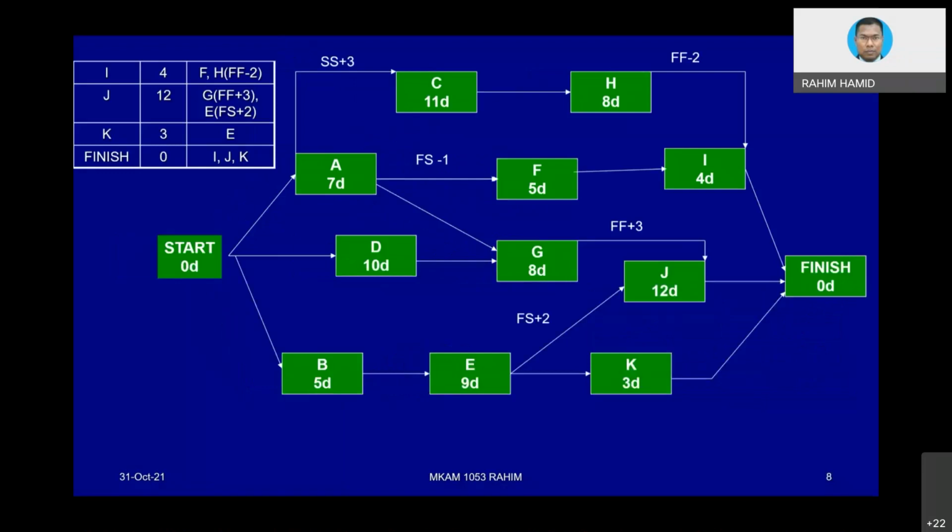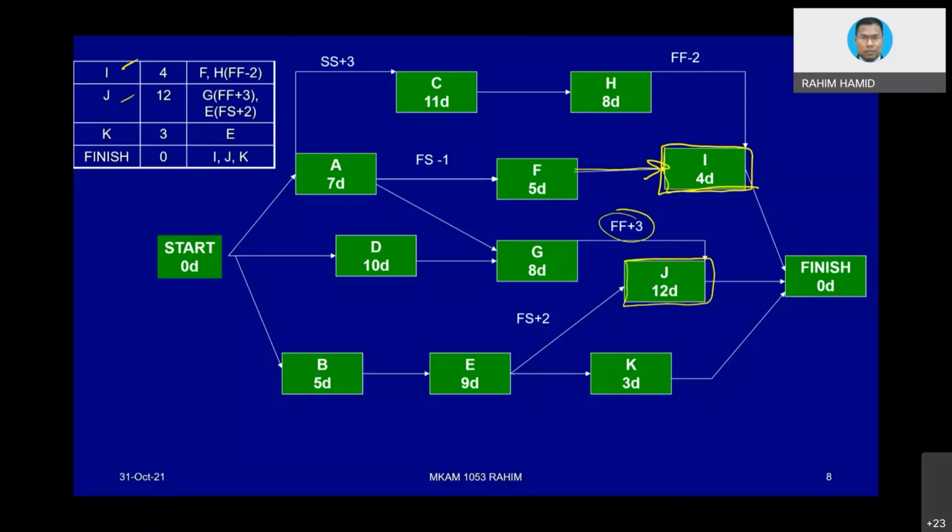I. Okay, this I is quite unique, in such a way that it connects from F as a finish to start, but then it connects from H as finish to finish with a lead of 2 days. And then J is also very unique. J basically connects from E and also connects from G with the finish to finish relationship +3.